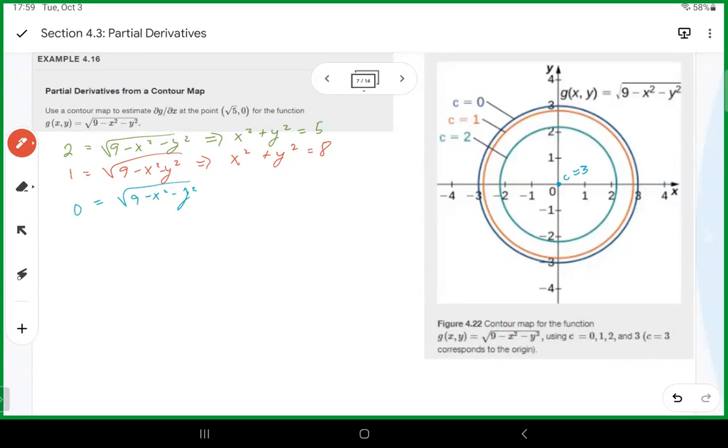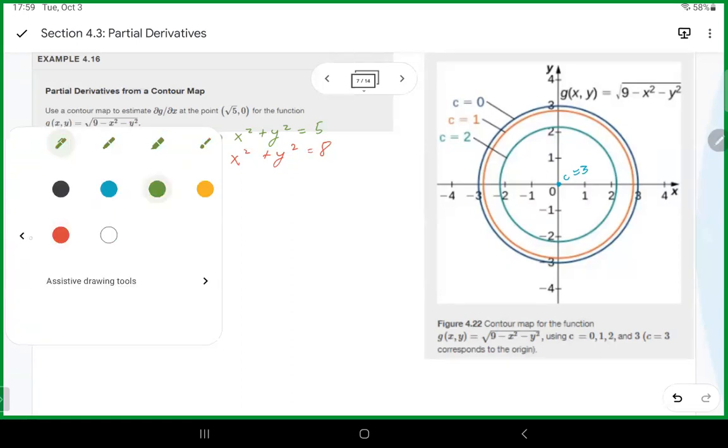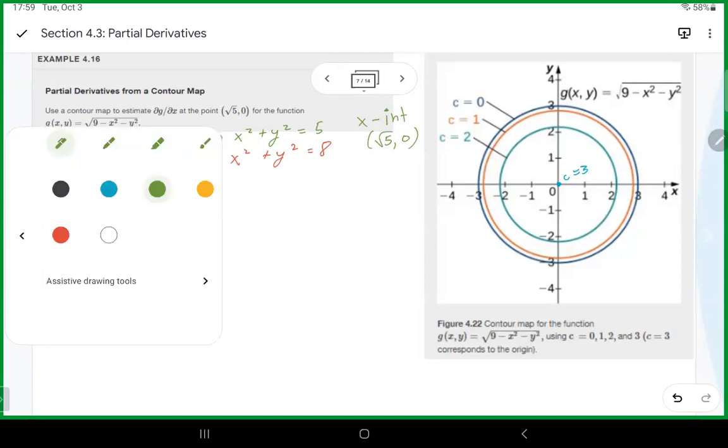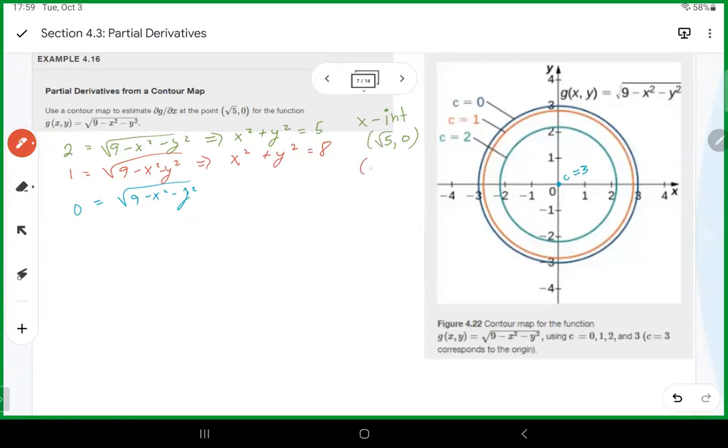The x-intercept of our first circle, what color was that? Green. X-intercept is equal to the square root of 5, 0. The second one is the square root of 8, which is 2 square root of 2, 0.